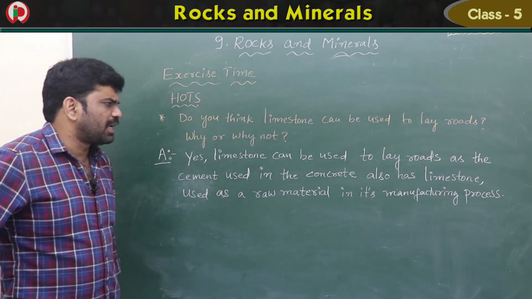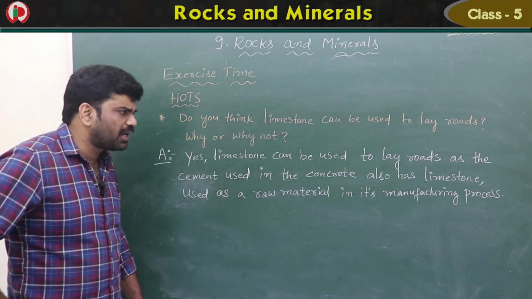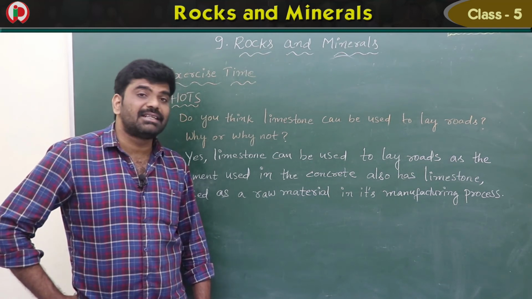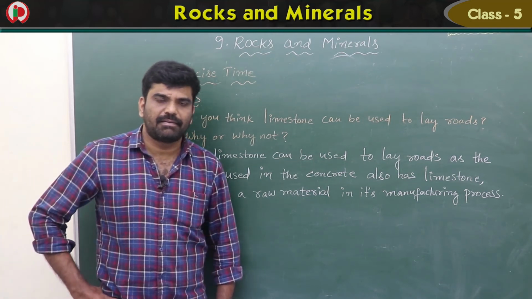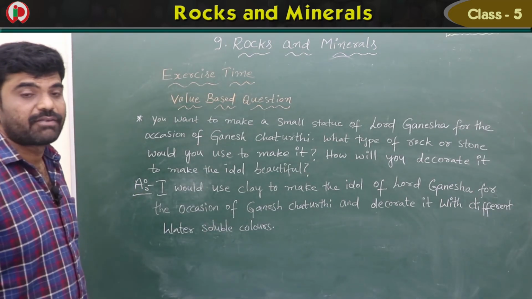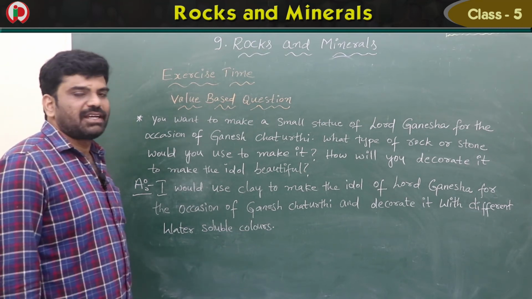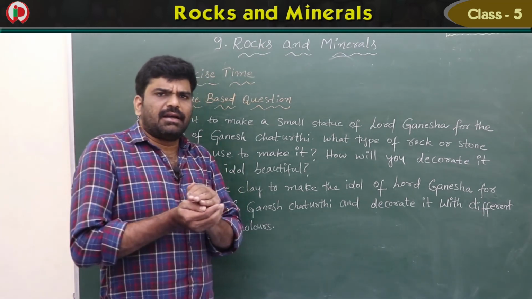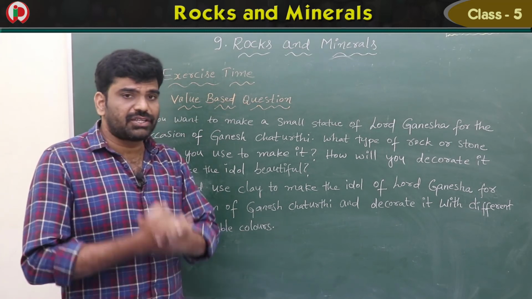So yes, limestone can be used to lay roads as the cement used in the concrete has limestone used as a raw material in its manufacturing process. Okay. Children, now see the very interesting value-based question. You want to make a small statue of Lord Ganesha. Yes, children, during Ganesh Chaturthi, we make small statues of Lord Ganesha.